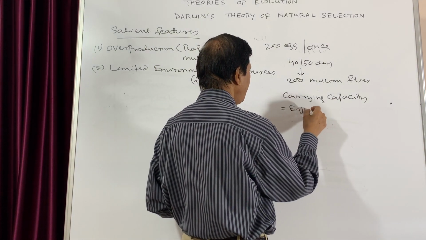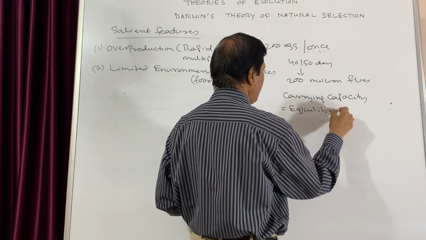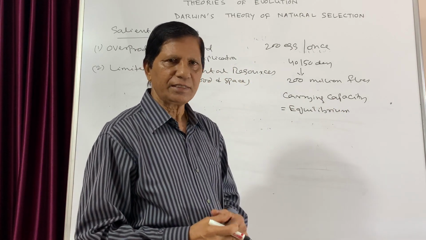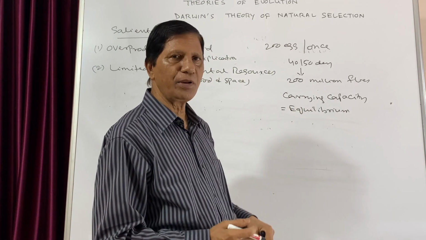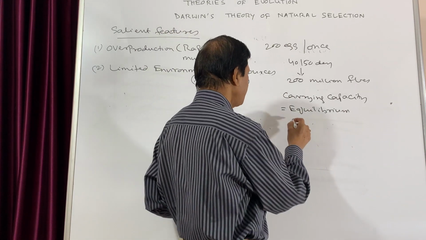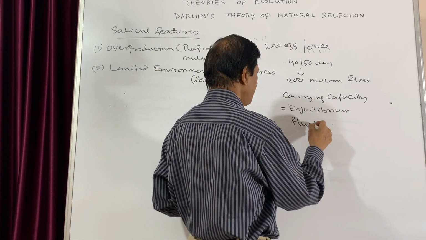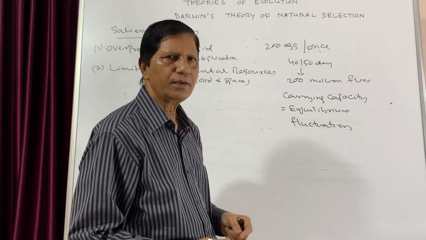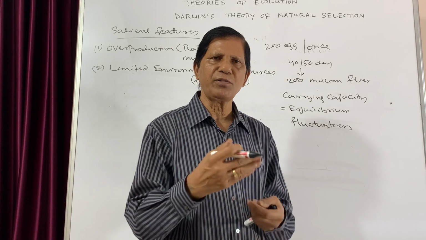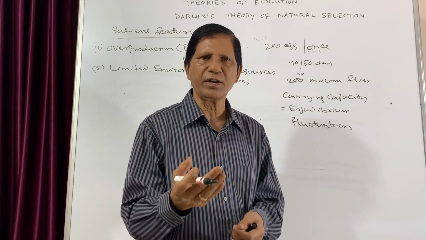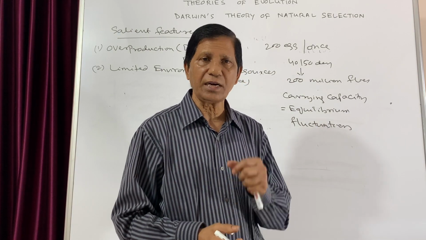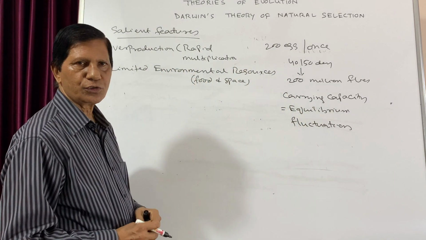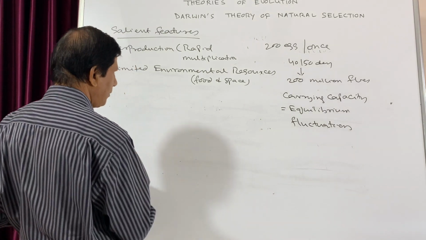It will not allow growth because there is no space and no food. Around this equilibrium there will be fluctuations of the organisms. Some will survive, some will die. So that is the limited environmental resource.